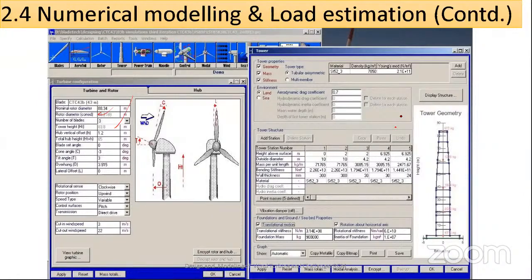Then you need the numerical modeling software. Then you can keep on changing until you get the optimum design, optimum power extraction, optimum cost, optimum materials, and all the things. From this you can get it.